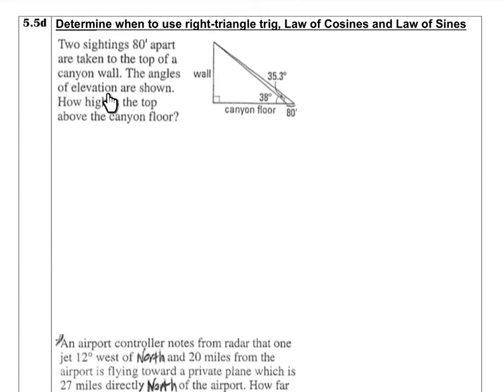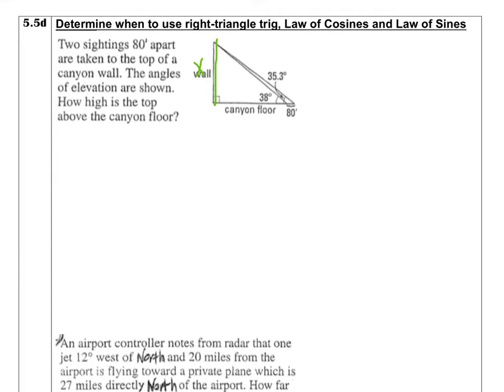The angles of elevation are shown. Remember, angle of elevation, they're looking this way, their eyes elevated up to create the angle. The question is, how high is the top above the canyon floor? So they're right here, they want to know this height. So the question we need to find basically is, what is the height of this wall?